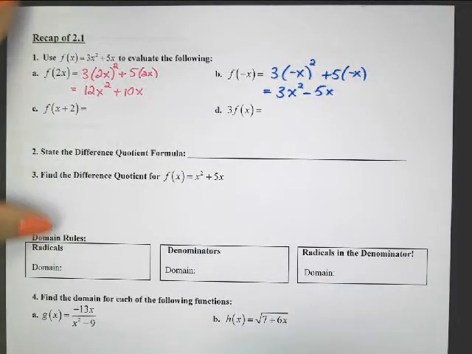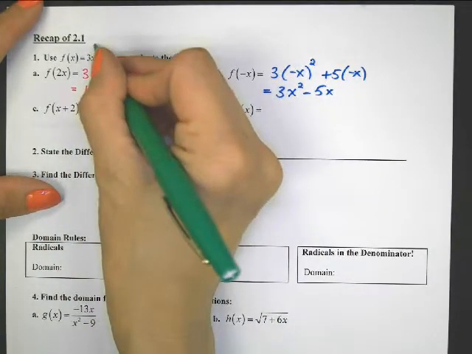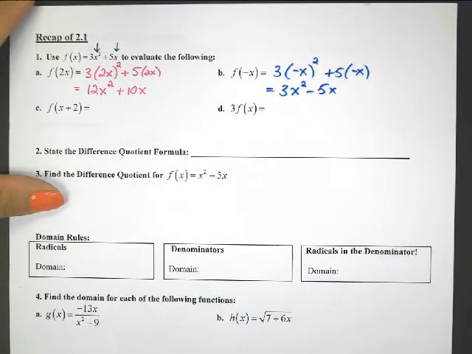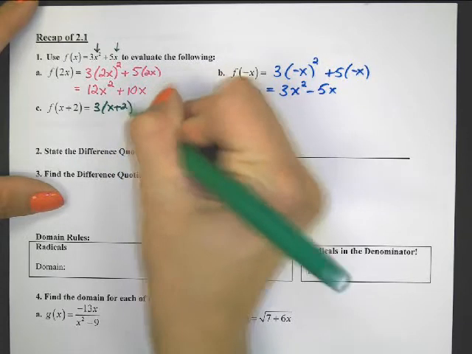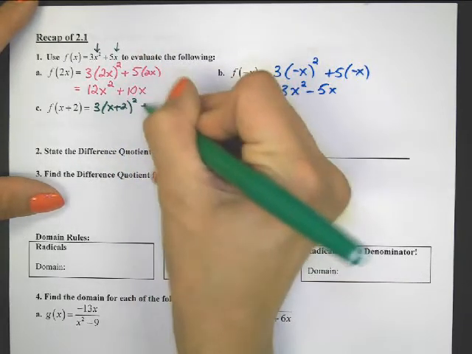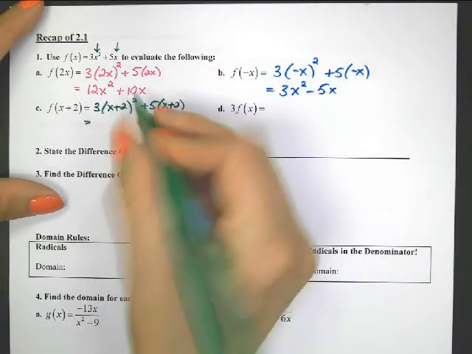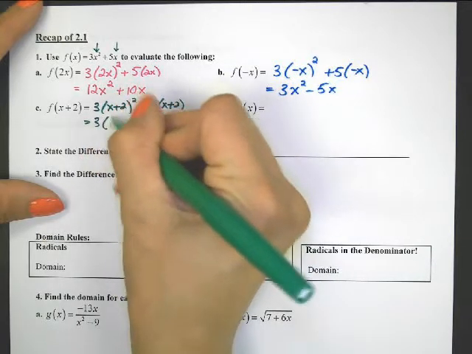F of x plus 2. Let's go ahead and put a quantity into f. I have to put my input there and square it, and then there and multiply it by 5. Okay, 3 times my input squared plus 5 times input. I'm going to FOIL this out first. Don't forget your equal signs.